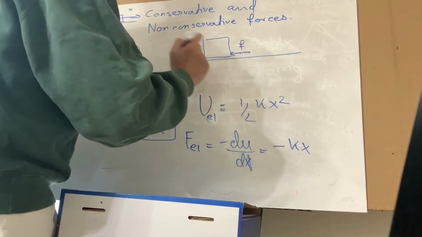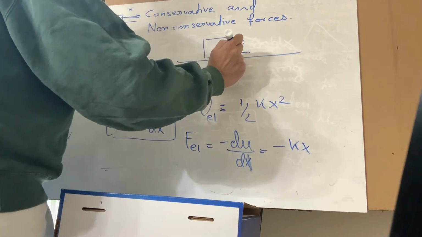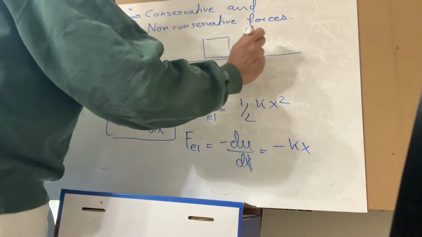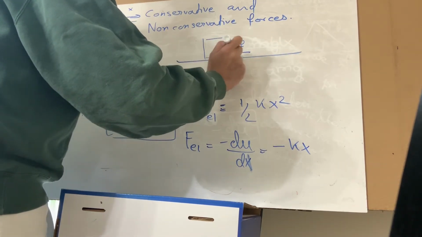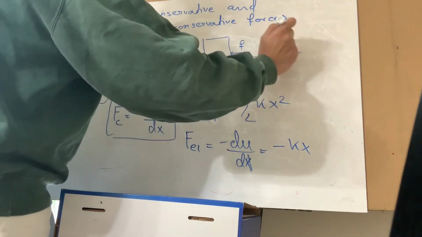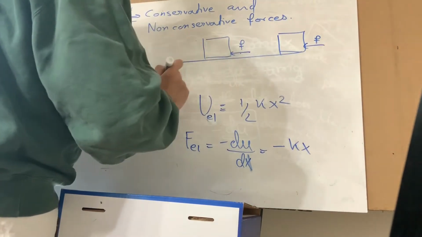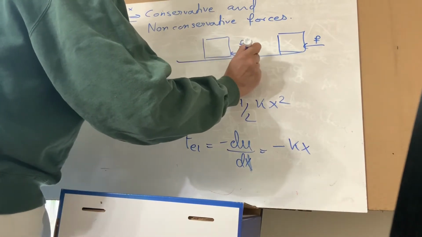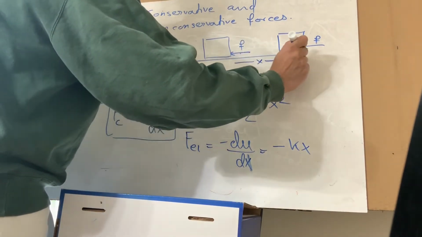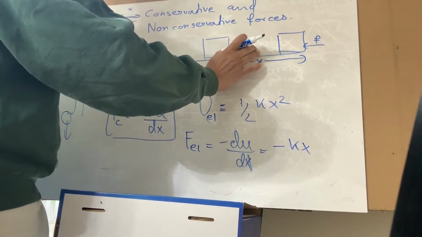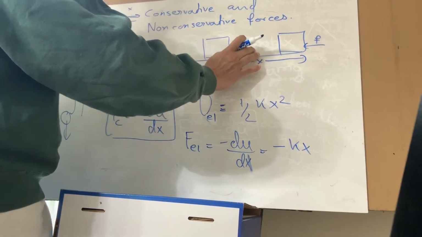The work done by the frictional force will always be negative, because friction will always oppose motion. So if the displacement is that way, the frictional force is that way, and the work done by the frictional force is negative.